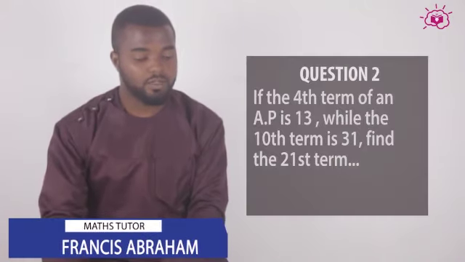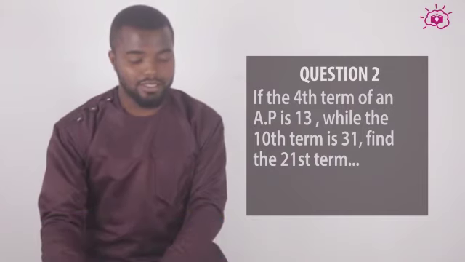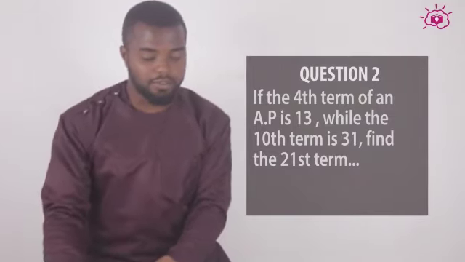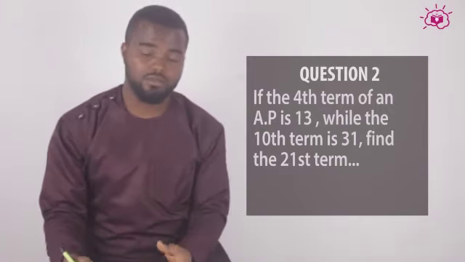147. The second question: the fourth term of an AP is 13, while the 10th term is 31. We're asked to find the 21st term, and this is quite easy. This will make us solve it simultaneously. We're given the fourth term.